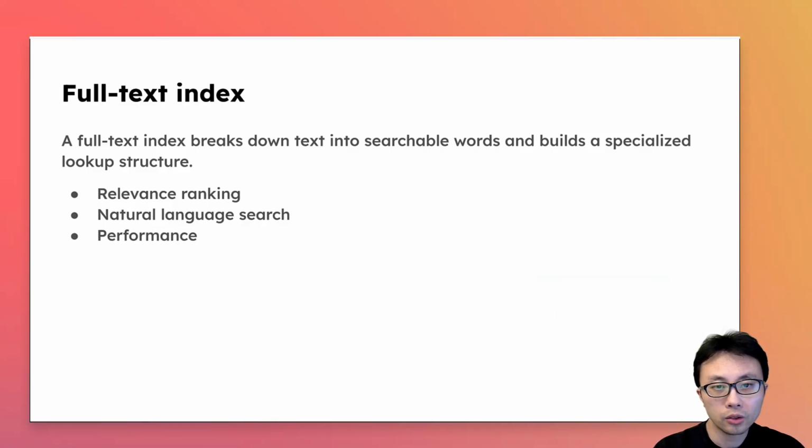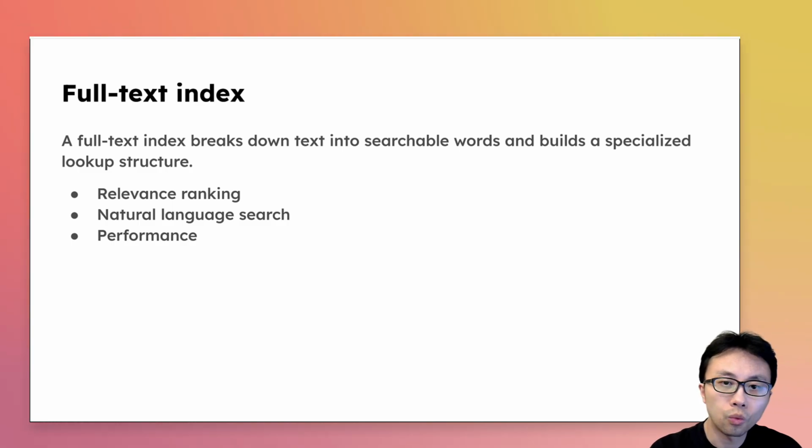Last, full-text index makes searching much faster. Instead of scanning entire text columns, full-text index lets you instantly find all the rows containing specific words, even across millions of records.